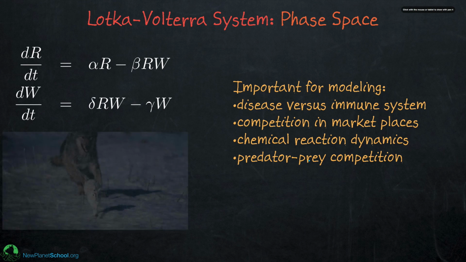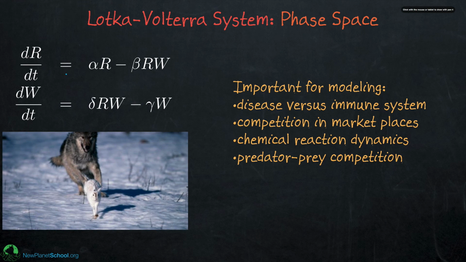In this case, the notation I'm using is R here is a rabbit. That's the prey right here. And W here are the wolves. So this is the rabbits breeding. When there's a lot of wolves, the rabbits start to get eaten. When there's a lot of food for the wolves, you get more wolves, and eventually the wolves will die off if you don't keep feeding them rabbits.